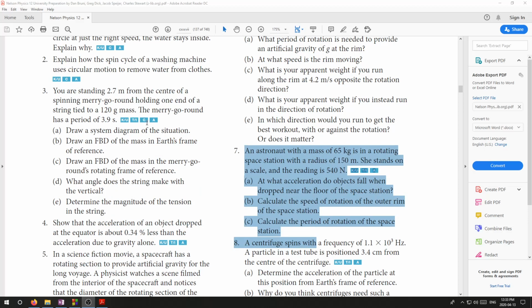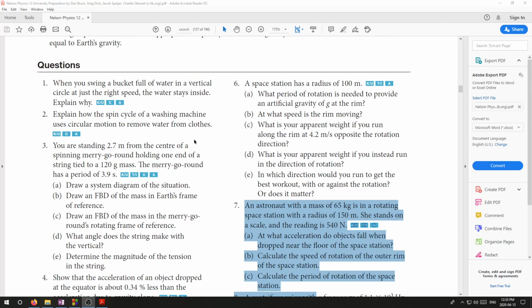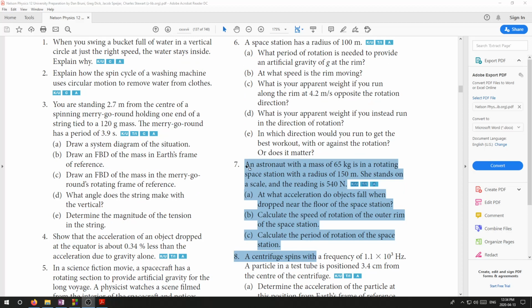The other question I wanted to try with you guys is on page 130, and it is question number 7, which kind of covers a lot of the topics that we did before the break as well. It says there's an astronaut with a mass of 65 kilograms, and they're in a rotating space station.